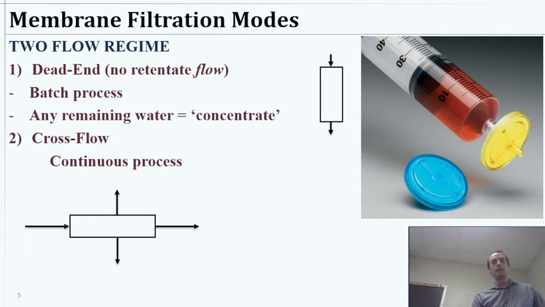So this dead end versus cross flow. Typically, dead end is a lab scale batch process. It doesn't have to be, but that's typical. I can imagine maybe something like the orange juice example.